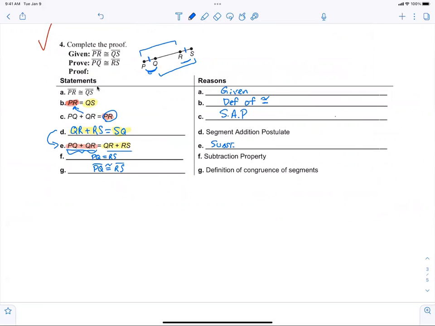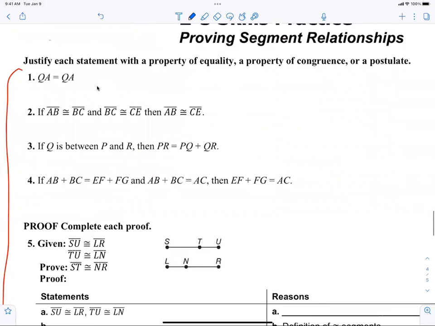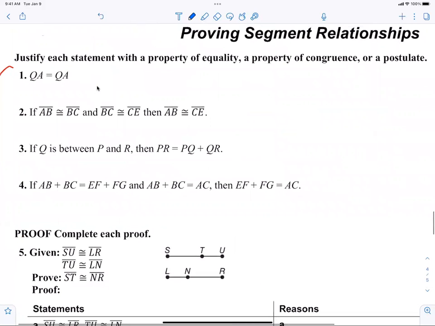So let's knock out these. Why is QA congruent to QA? That is the reflexive property. Everybody knows I gave you those properties, right? You can just look at them. If AB is equal to BC and BC is equal to CE, then AB is congruent, I should have said, AB is congruent to CE.